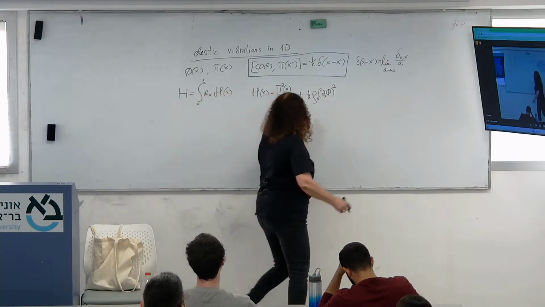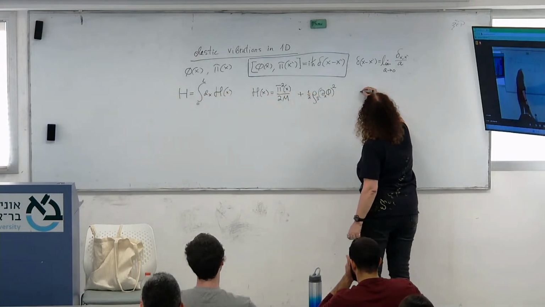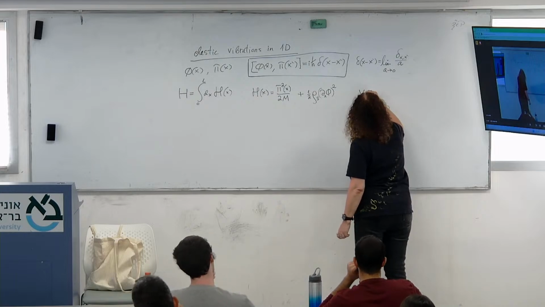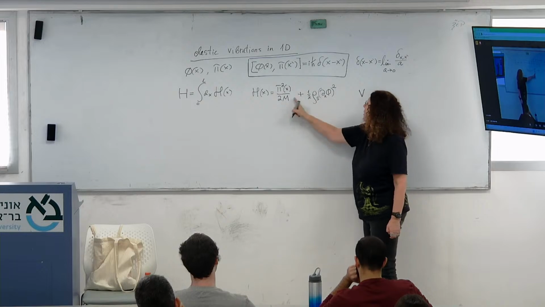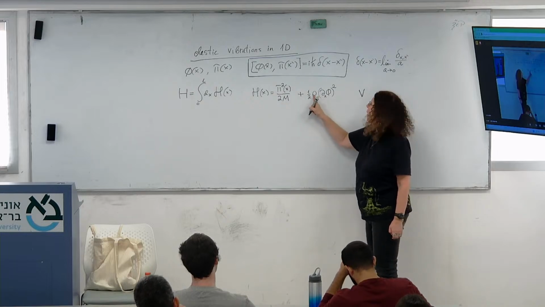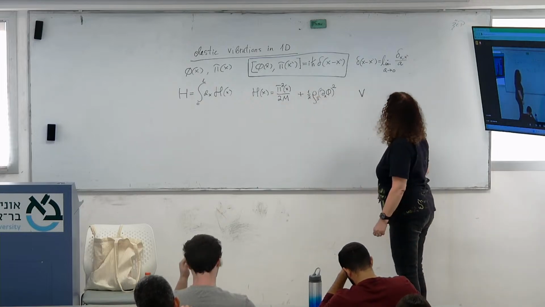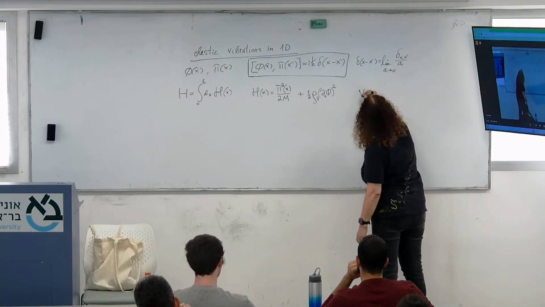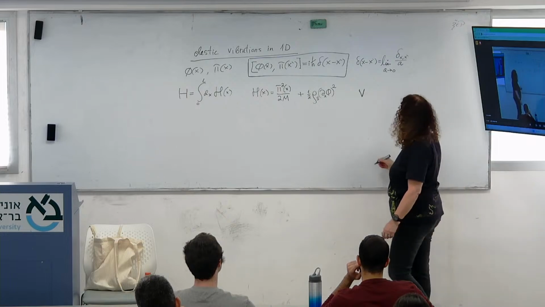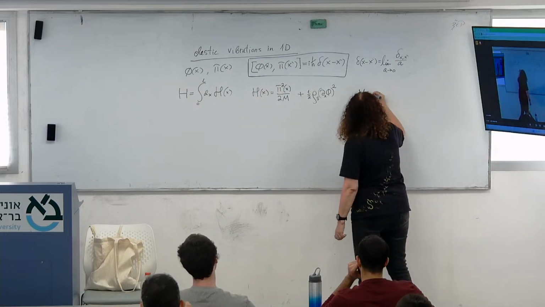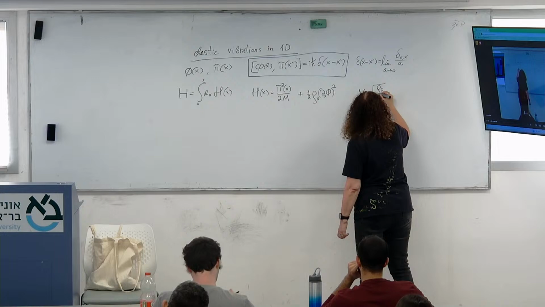We also realized that there are two parameters in this theory: the mass and the elastic stiffness, and a combination of them has units of velocity, the square root of rho s over m.